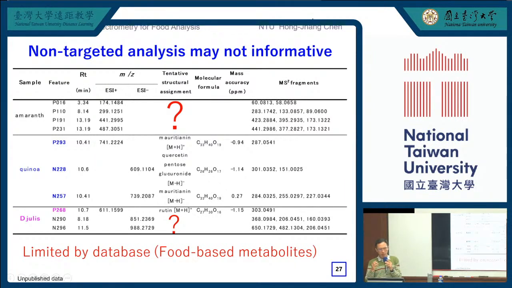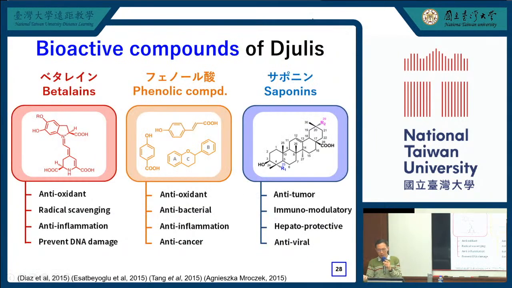So if we just use non-target analysis, it's not informative. So I like to use target analysis. But what kind of target do we want? Everyone likes bioactive components, right? So we focus on the bioactive compounds. For Julius, there are three types of bioactive compounds.